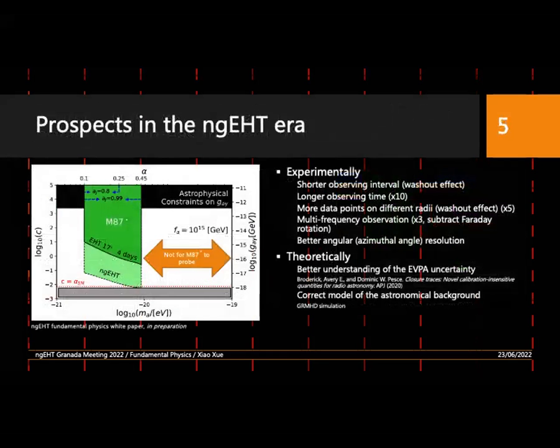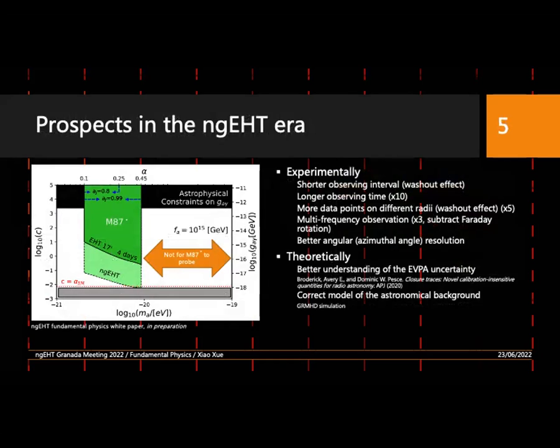Okay, so now we can go to the prospects in the ngEHT era. Here you can see another two green areas. The first one is the current constraint. The lower one is the ngEHT constraint.